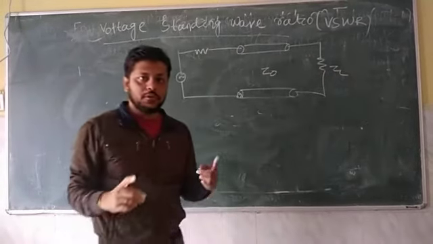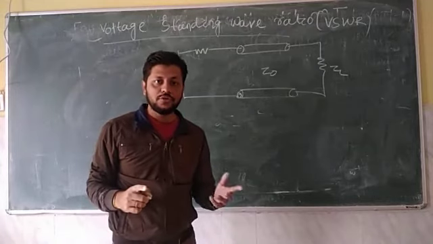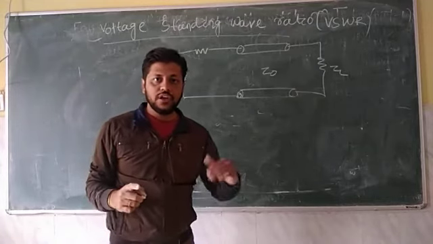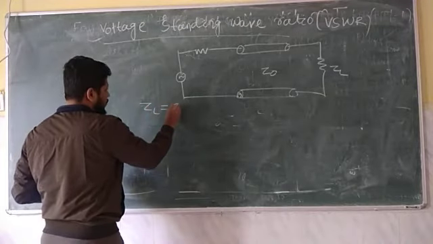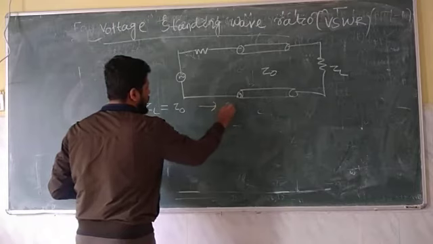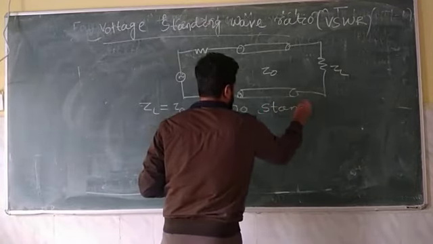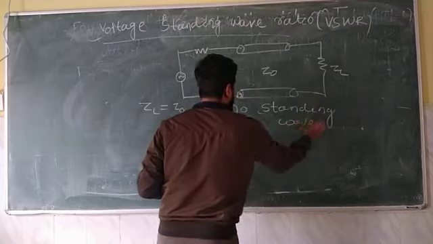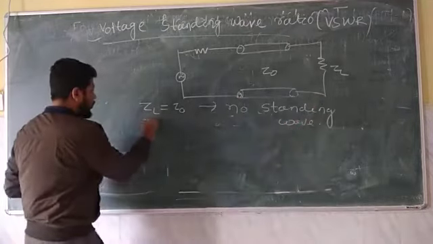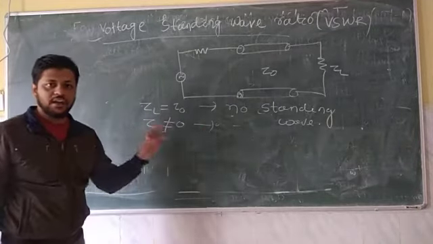Standing wave will form only when ZL not equal to Z0. When ZL is equal to Z0, the condition is no standing wave will form. No standing wave. When ZL is not equal to Z0, in that case standing wave will form.